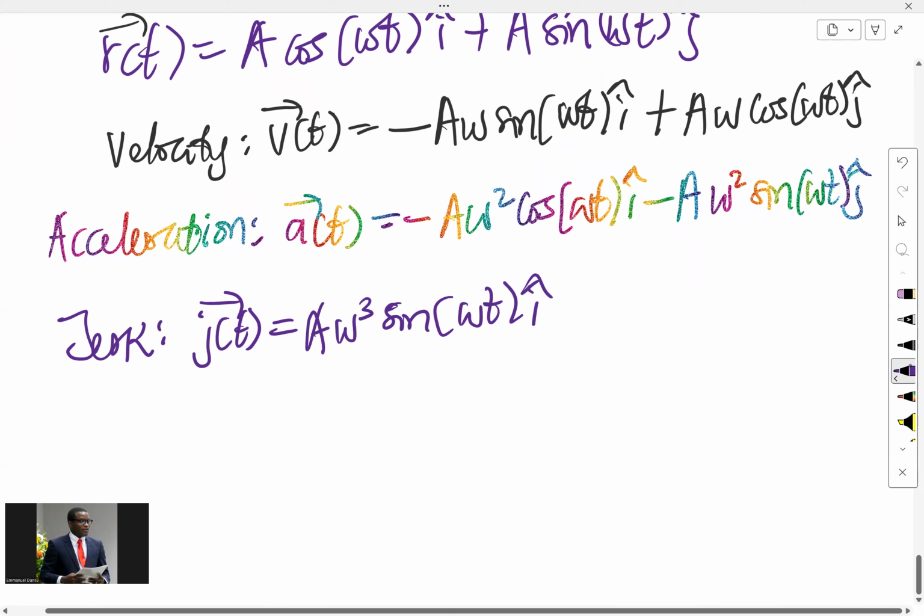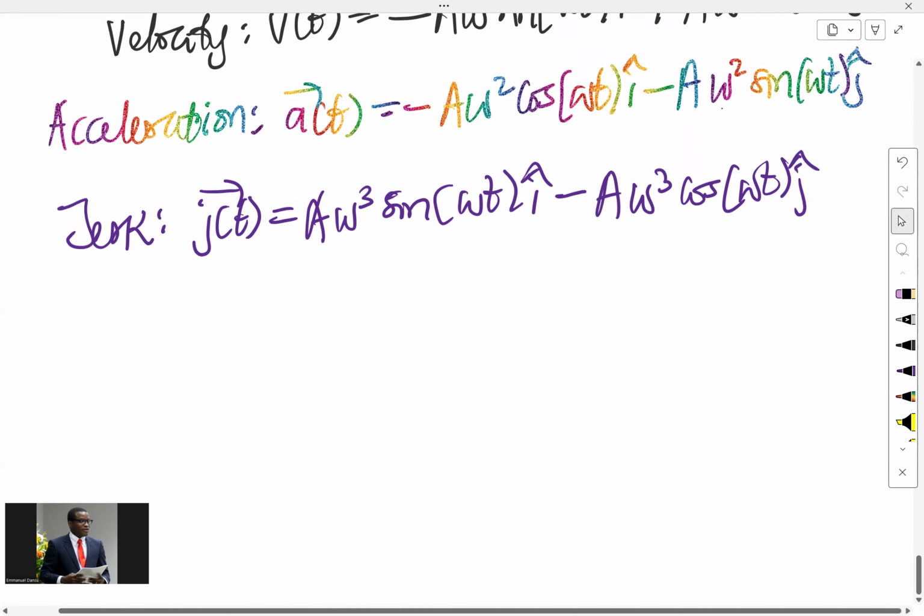Then differentiate sine, you get cos, which is positive, so this remains minus, because minus and plus is minus. So you have minus a omega cubed cos omega t in the direction of j.